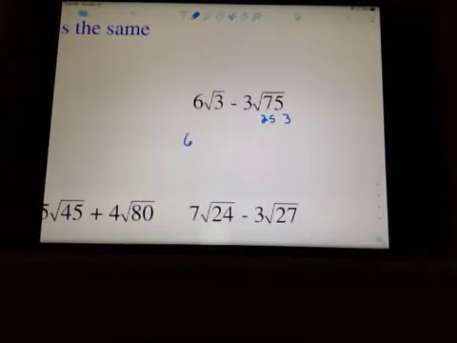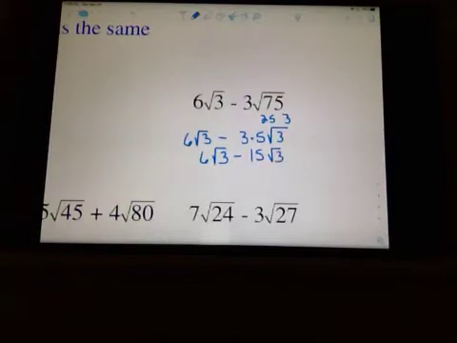So I'm going to have 6 square root 3 minus 3. The square root of 25 is 5, with my 3 left under the radical. So 6 square root 3 minus 3 times 5, 15 square root 3. And that gives me 6 minus 15, negative 9 square root 3.